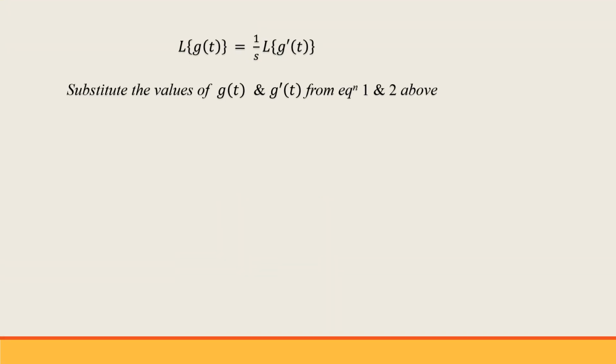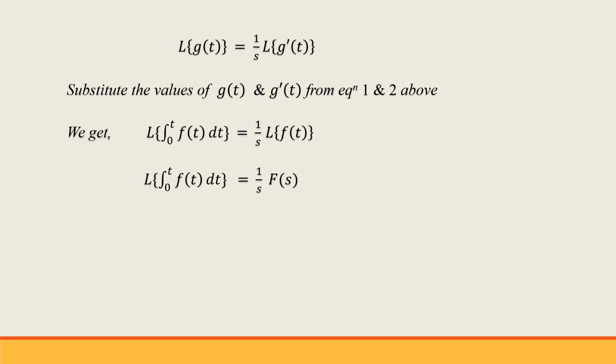Now substitute the value of gt and g dash t from the above equation, that is gt equal to integral 0 to t ft dt and g dash t equal to ft. So we get Laplace transform of integral 0 to t ft dt as 1 by s into Laplace transform of ft, or simply 1 by s into fs.